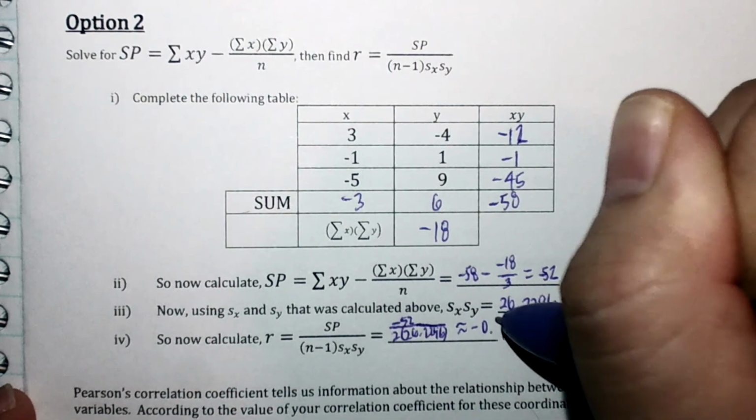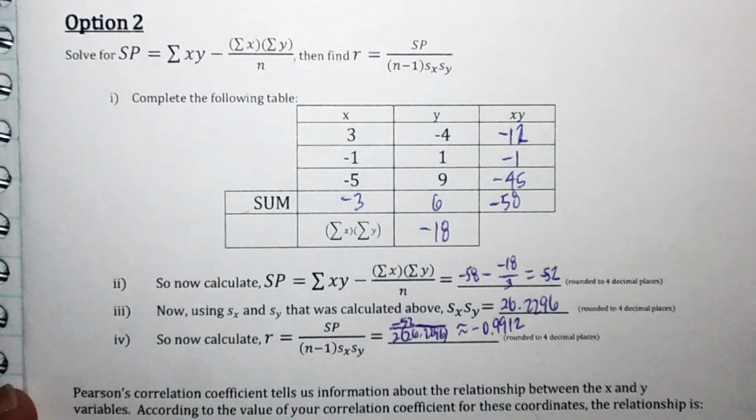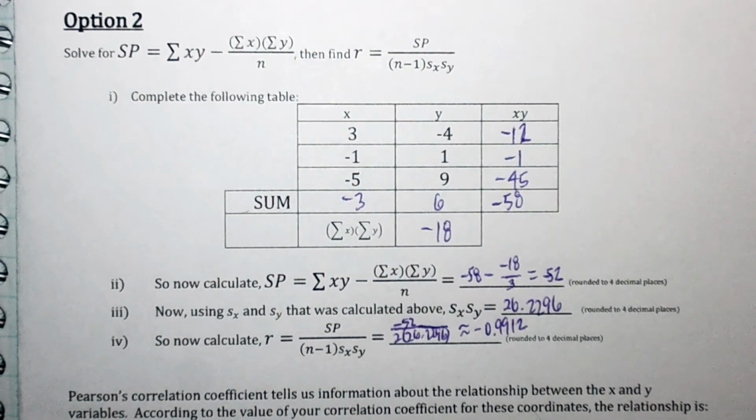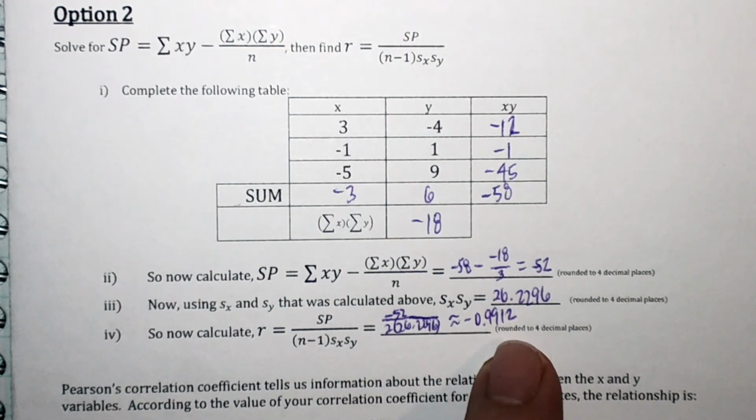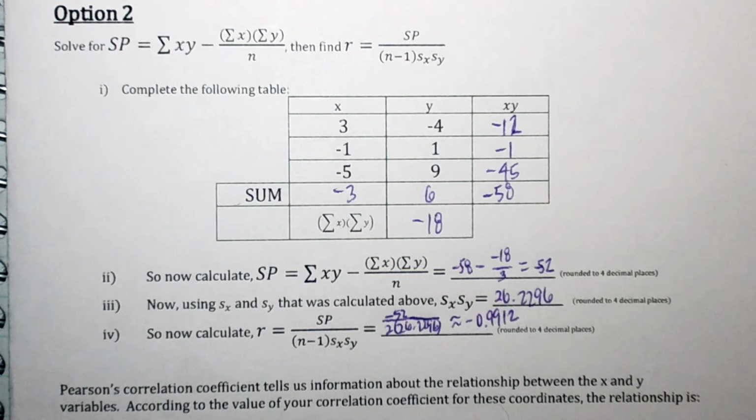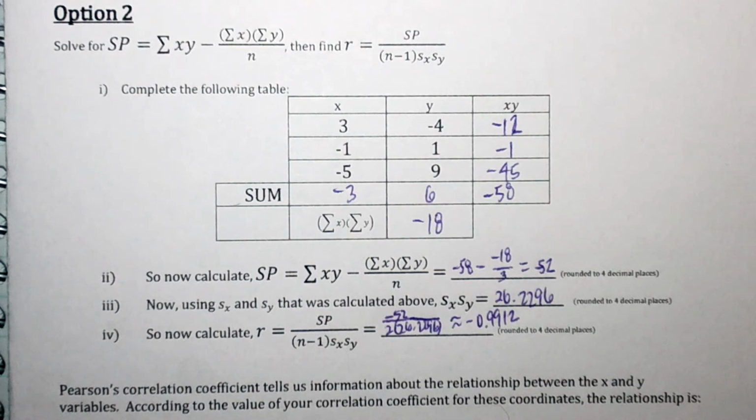Negative 0.9912. If you recall, in option 1 we got negative 0.9913, so it's only off by a 10,000th, I believe. And that's pretty good. That's really close.